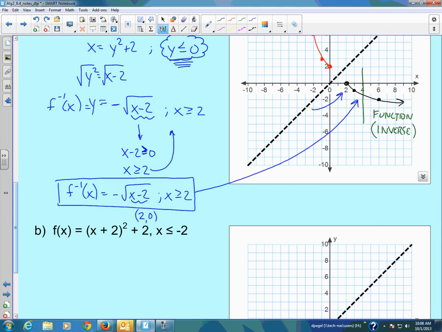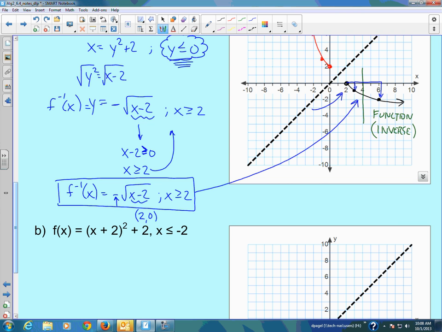But this negative out here is telling me to take all my ups and downs and make them down movements. So right 1, down 1, right 4, down 2, right 9, down 3. So that equation generates that black graph.